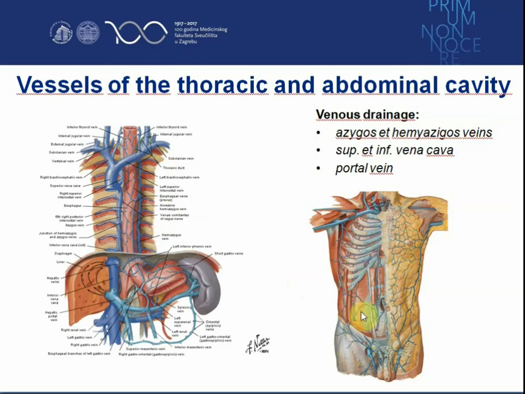The other parietal veins of the thoracic and abdominal wall correspond to arteries, and blood from the paired organs of the urinary and genital system is drained directly into the inferior vena cava, whereas blood from the digestive organs is collected by the portal vein and first passes through the liver, and after that enters the inferior vena cava through the hepatic veins.